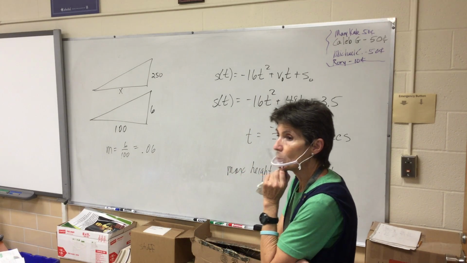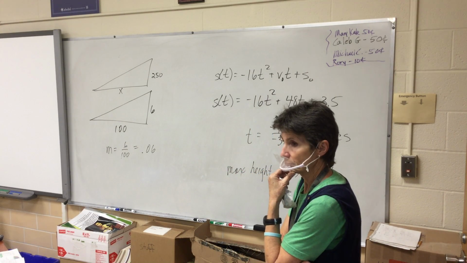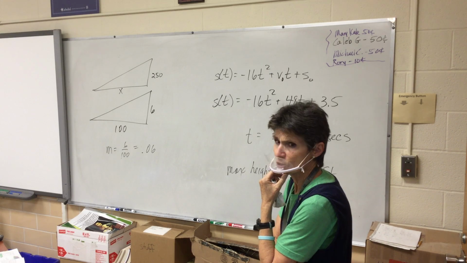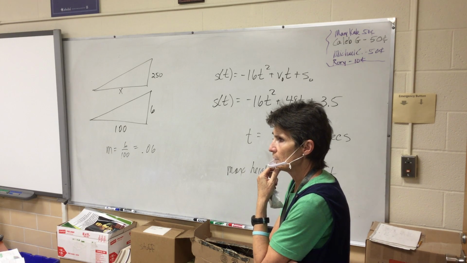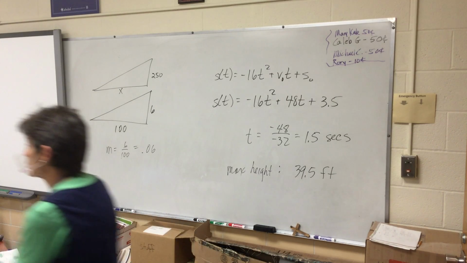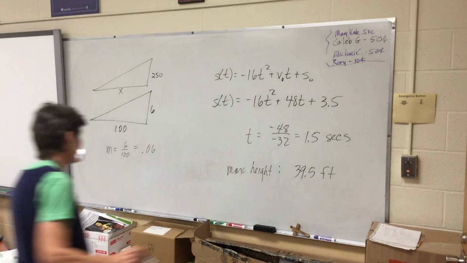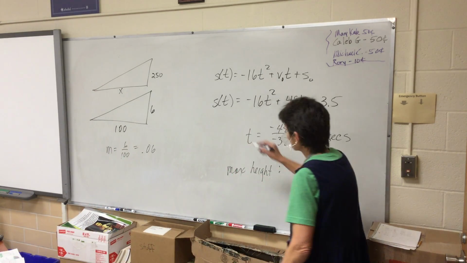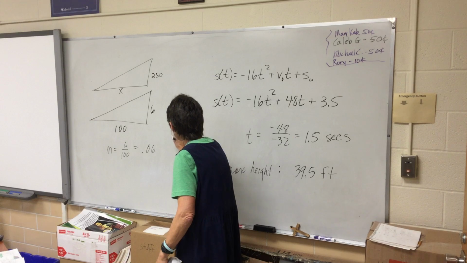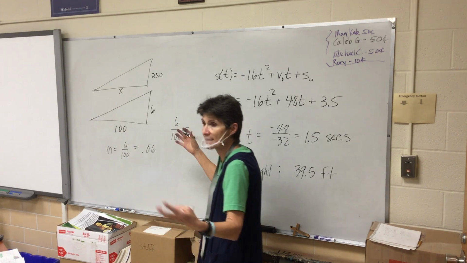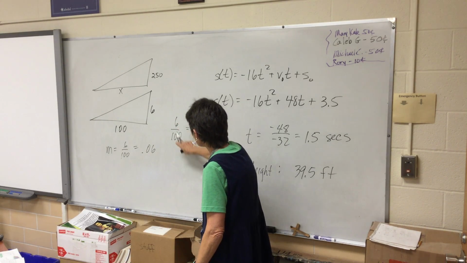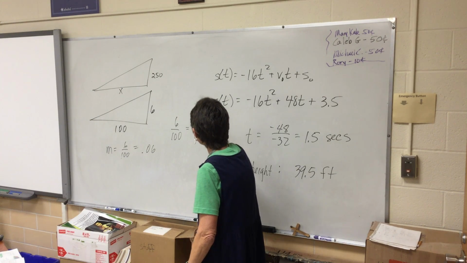Any thought on how we would set that up? There are options. What occurs to you? Like if you're on a desert island, you're going to be eaten by cannibals if you don't come up with something. What would you come up with? Absolutely. Beautiful, Caroline. Our proportion would be 6 over 100, or one example of a proportion would be 6 over 100 equals 250 over x.